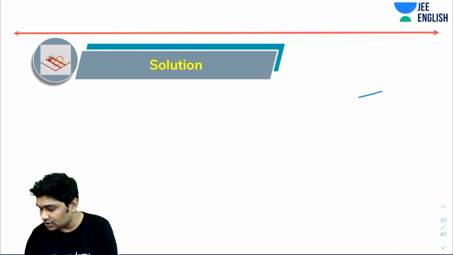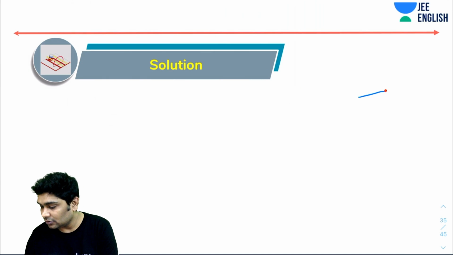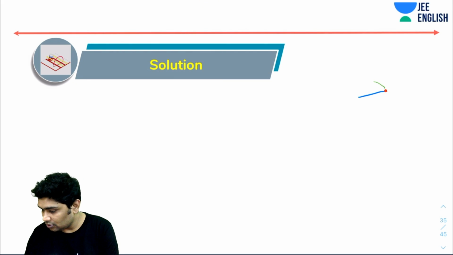Imagine that this is a string, and here was a particle, and this particle was rotating with an angular velocity of 44 radian per second in this circle.